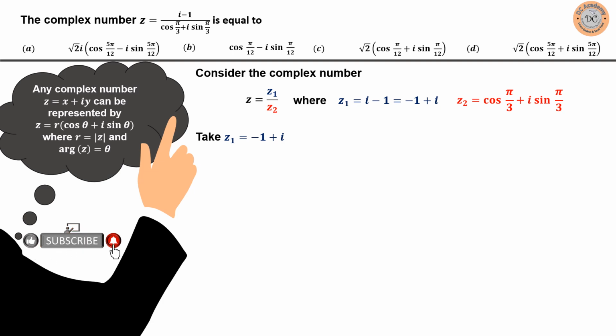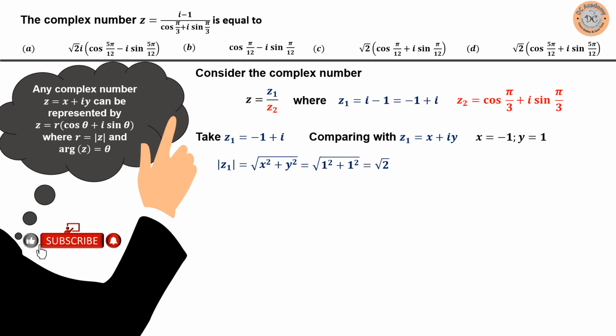So to rewrite z1 in polar representation, if we compare z1 with x plus iy, we find x is equal to minus 1, y is equal to 1. So obviously the modulus of z1, which is the square root of x squared plus y squared, is root 2. And also observe that the point z1 equal to minus 1 plus i definitely lies in the second quadrant.